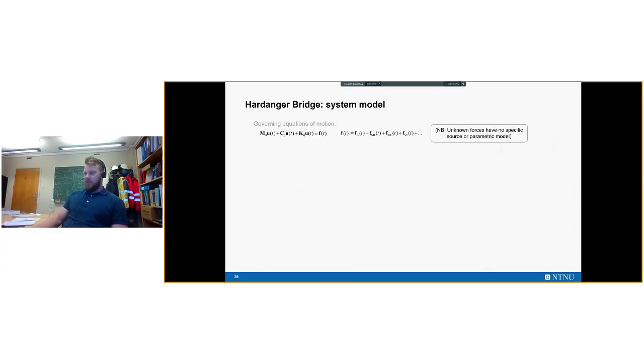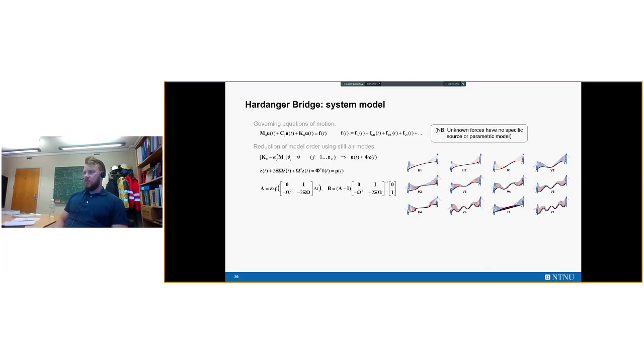So again, for this bridge, we have to establish a system model. In this case, it's much easier than for a floating type of bridge. We create a reduced order model using the still air modes of the bridge.